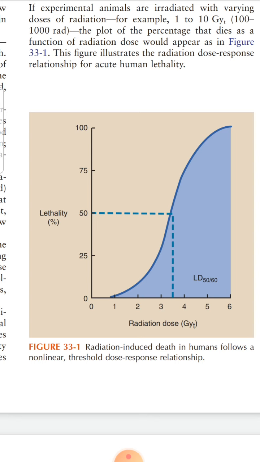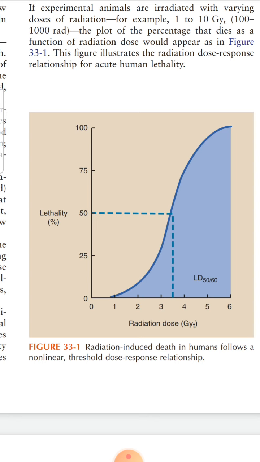And in the other scenario, you can see that when the dosage is low, for example 1 Gy, the lethality rate is also very low, so we can say approximately zero.